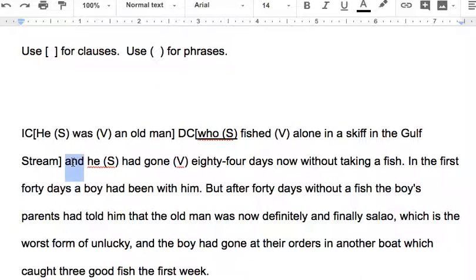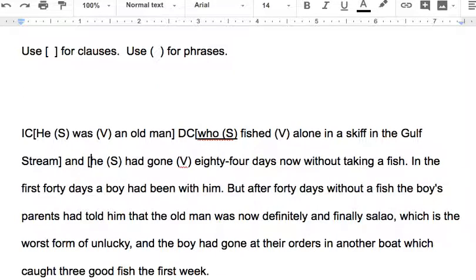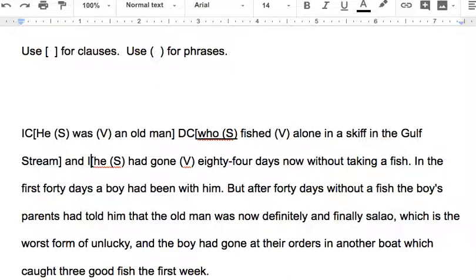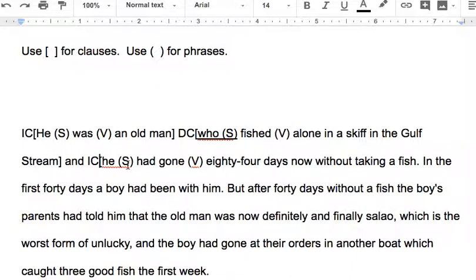And is not a subordinator. It's one of our fanboy conjunctions. So we're just going to leave that out of the equation and put a bracket here and identify this as another IC, since there's no subordinator before it. And I don't see any more verbs in this sentence, so let's put a bracket around the end of that for the end of that IC.